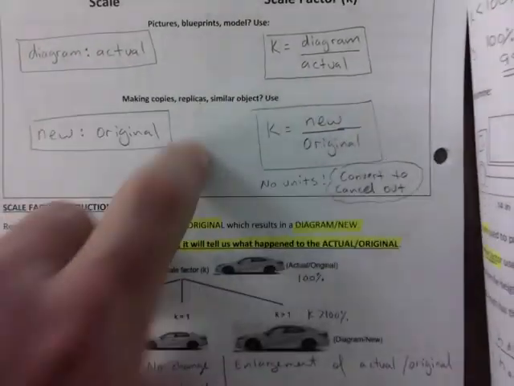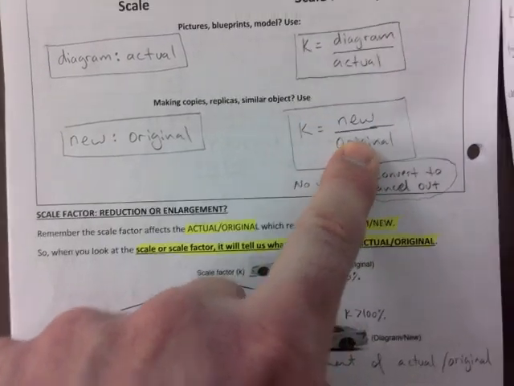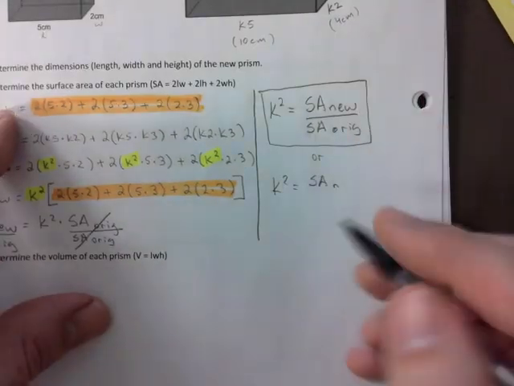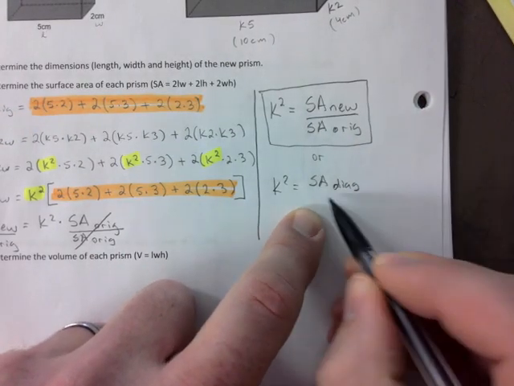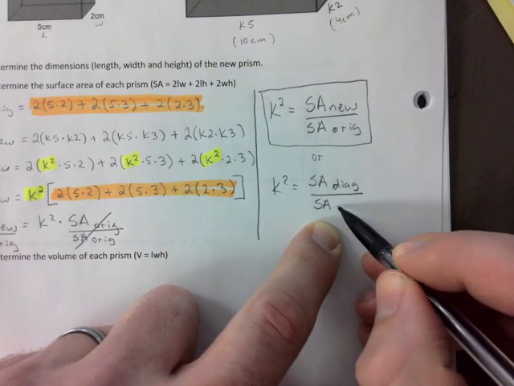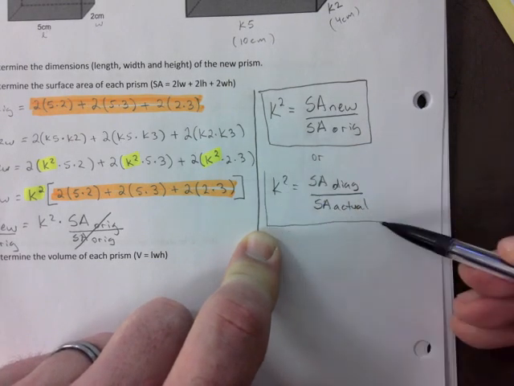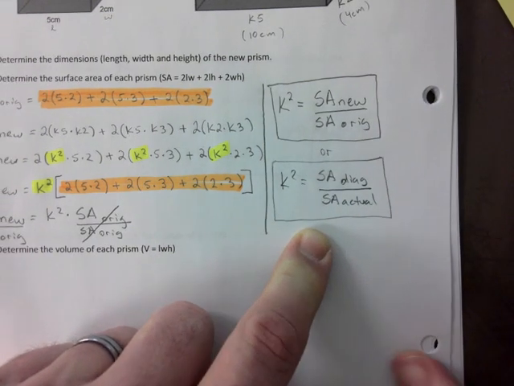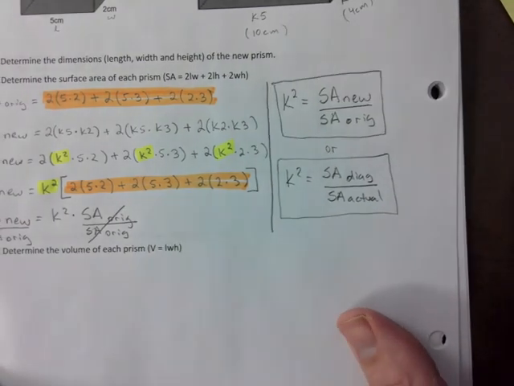We talked about new over original, and I'm going to rewrite it using diagram and actual. So K squared is surface area of the diagram over the actual. Sometimes this wording is more helpful, because some questions actually talk about a diagram and the actual, so then I'd rather stick with this formula. Okay.